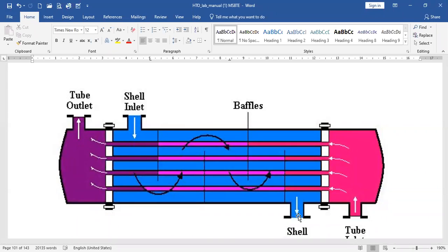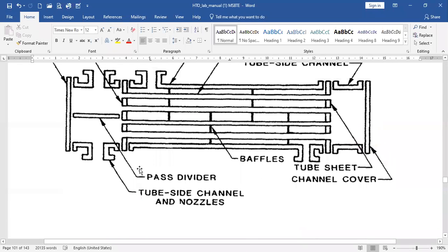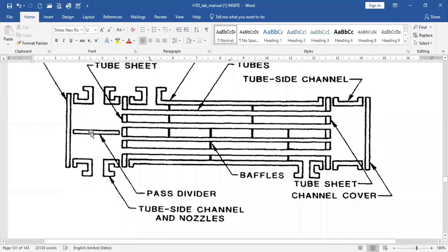In the previous diagram, there is a pass partition, and that is why the tube side fluid passes 2 times or twice in a shell and tube heat exchanger, and that is why that previous diagram shows the 1-2 shell and tube heat exchanger.